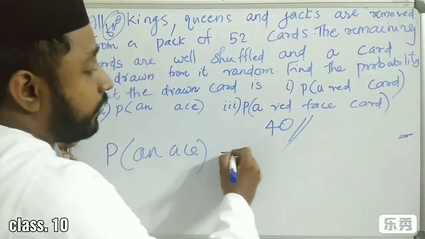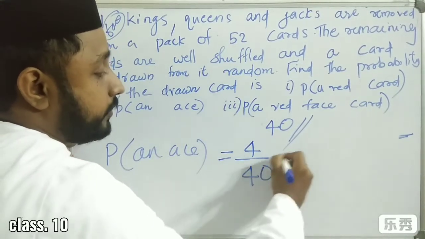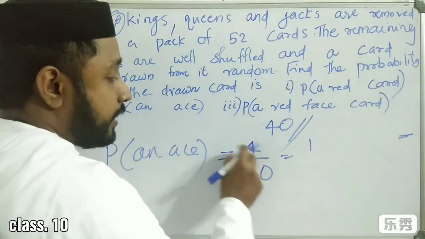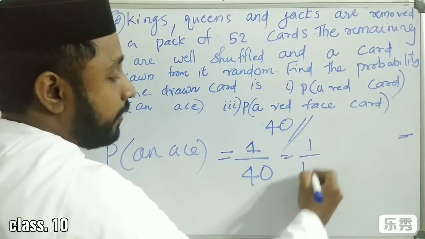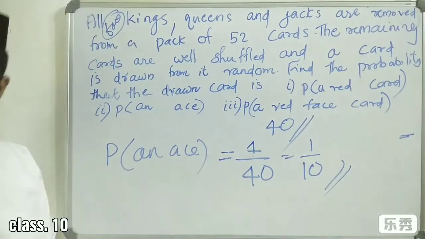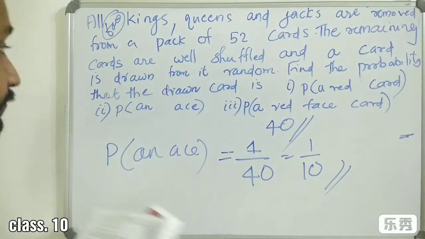So total 4 aces. 4 ace cards are there. Total cards 40. So 4 by 40, that is 1 by 10. So probability of getting an ace is equal to 1 by 10.